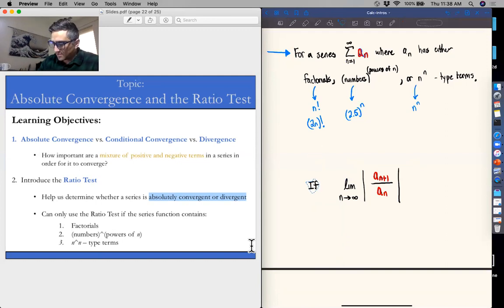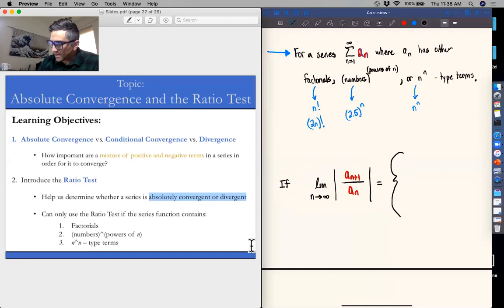So let's take a look at what can happen with this limit. There are three possible things that could happen when we take this limit. The first thing is if this limit is any number less than 1, as in some number between 0 and 1, then this series is convergent, but not only convergent, it's absolutely convergent.